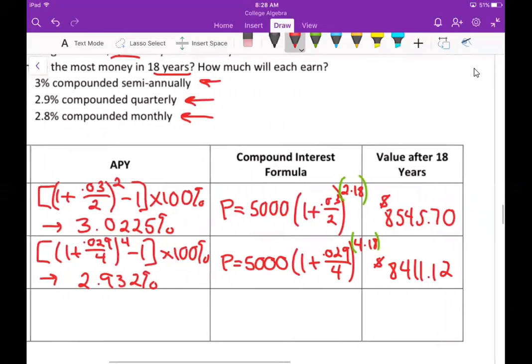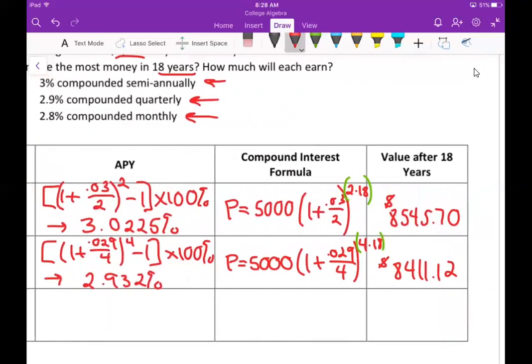Anyone surprised by the fact that we now have a lower amount in the end, which we can actually see just in the APY, right? We know a higher effective percentage would give us more money. You can see right there before you even find the value that you know the value will be higher for that 3% account just in the APY because the APY is higher, okay?